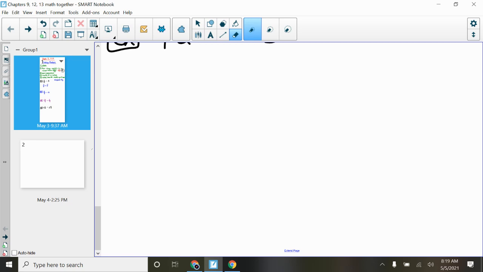Okay, so let's try one just to make sure you guys don't accidentally skip one of these 4 steps. Because when you are solving a problem where you have to divide mixed numbers, you can't skip step 1.